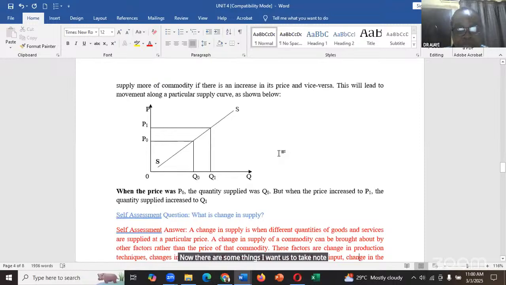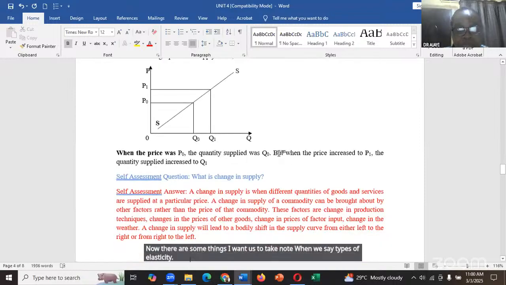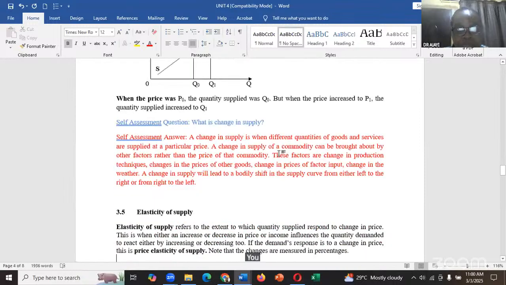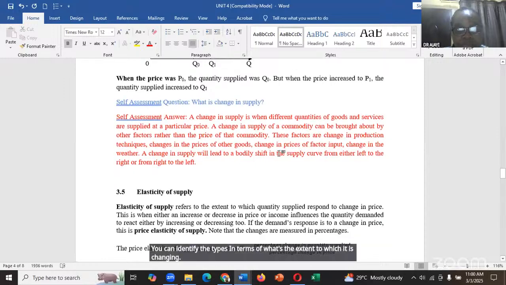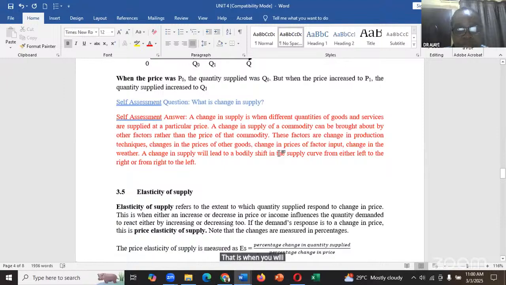When we say types of elasticity, you can identify the types in terms of the extent to which it is changing. That is when you would mention unitary elastic.